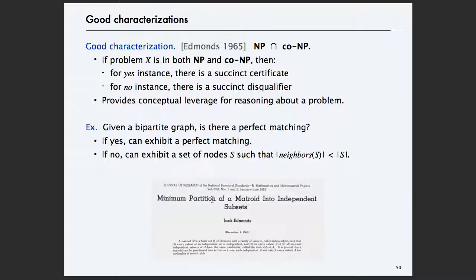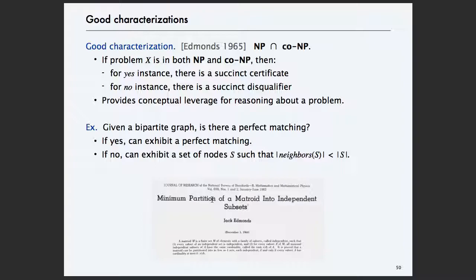A good characterization of problems in NP intersection co-NP is that we have a succinct certificate for yes instances, which gives us NP, but we also have a succinct disqualifier for a no instance. We also have a way to tell you no, right?